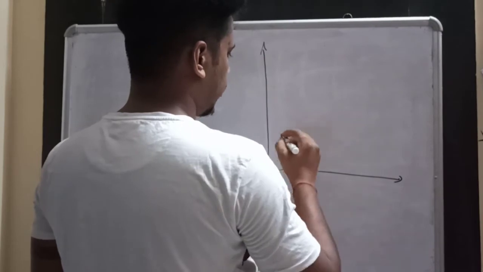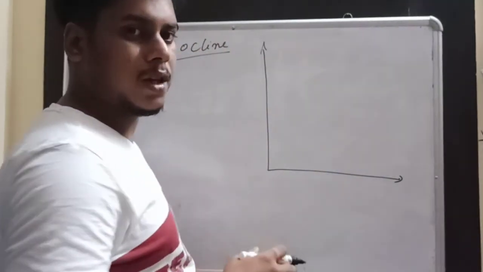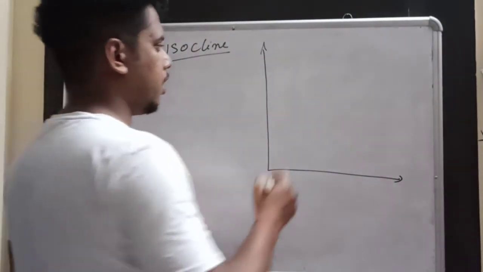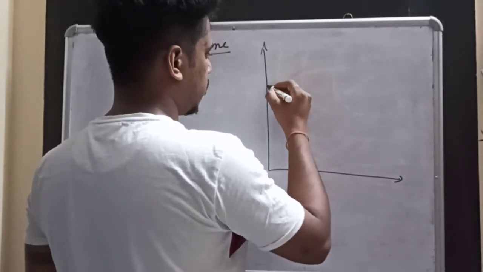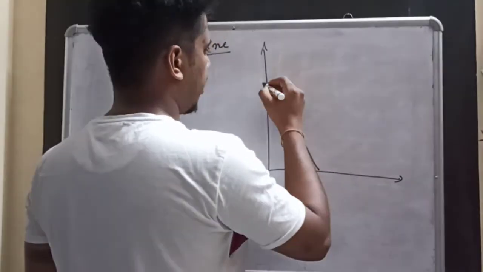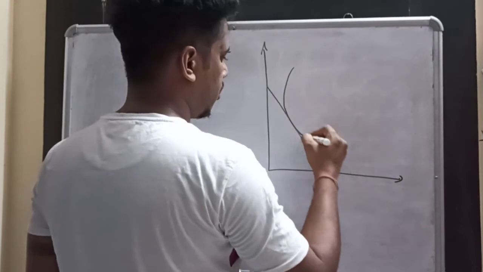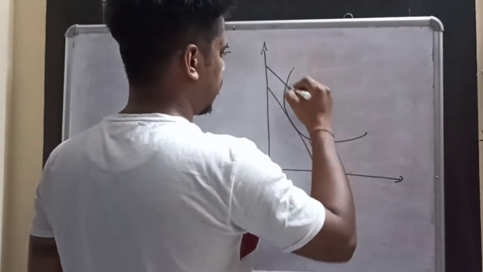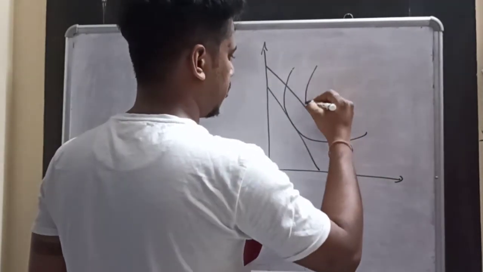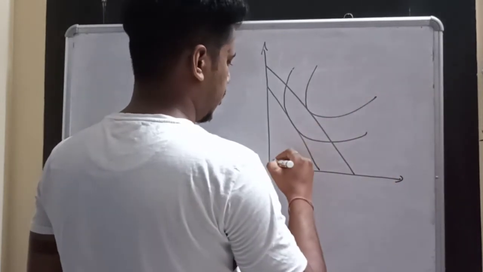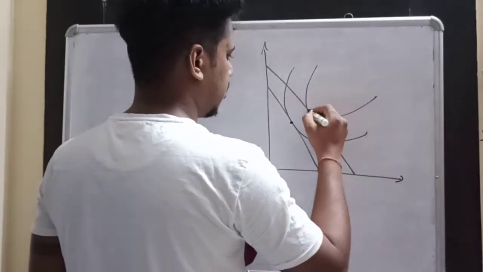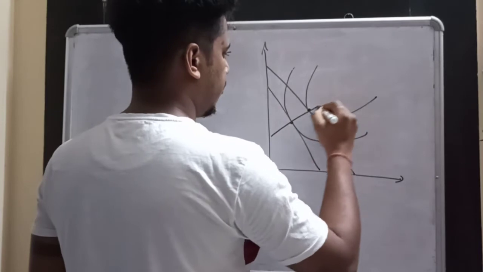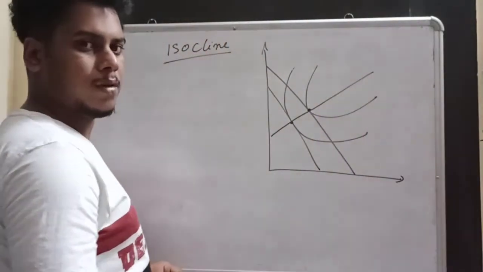Now along the expansion path the value of MRTS LK remains the same. So in case of the expansion path we have the isocost lines and the isoquant lines. Now the expansion path is derived by joining the equilibrium points.